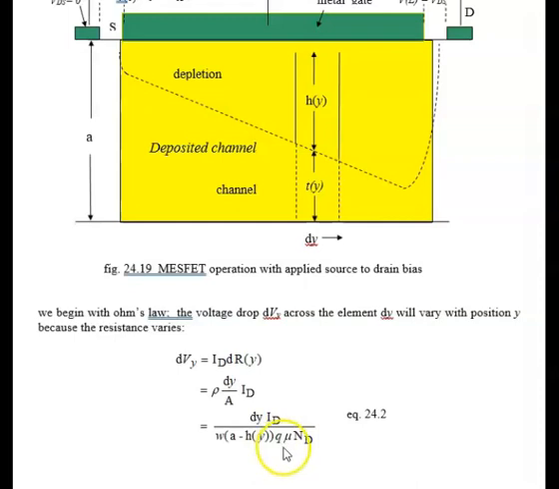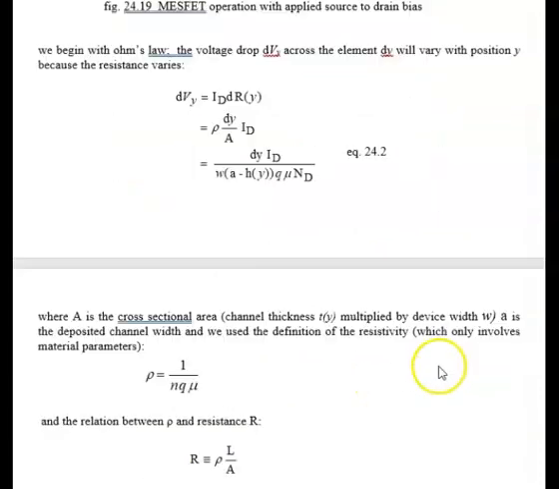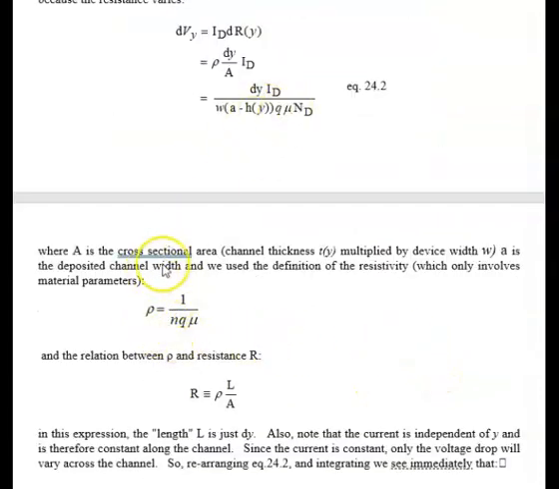Sometimes you write this as E, sometimes as Q, doesn't matter, then mobility, and then the charge density. So this is MeV, where we've basically gone further and separated out the materials parameters. So these are all materials parameters. These are not variables. And W, again, is this width into the paper. Okay, so that's basically what we're saying here.